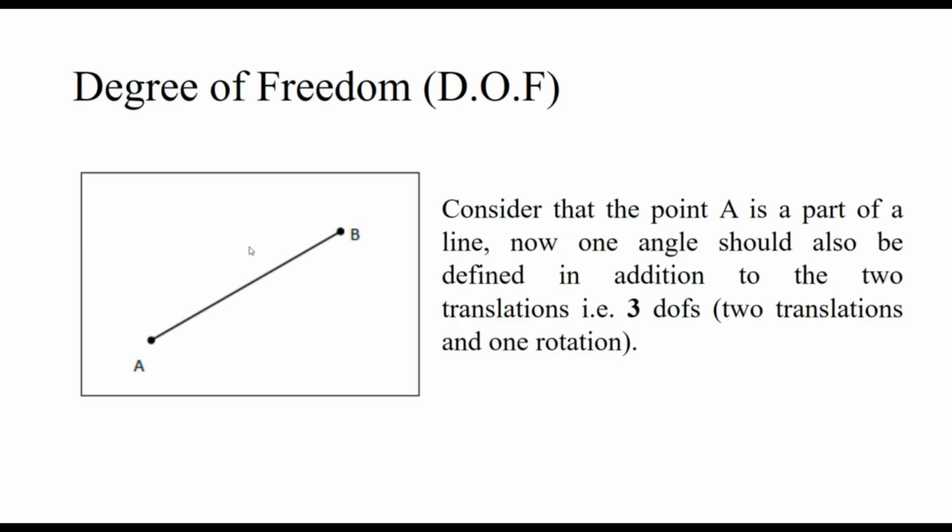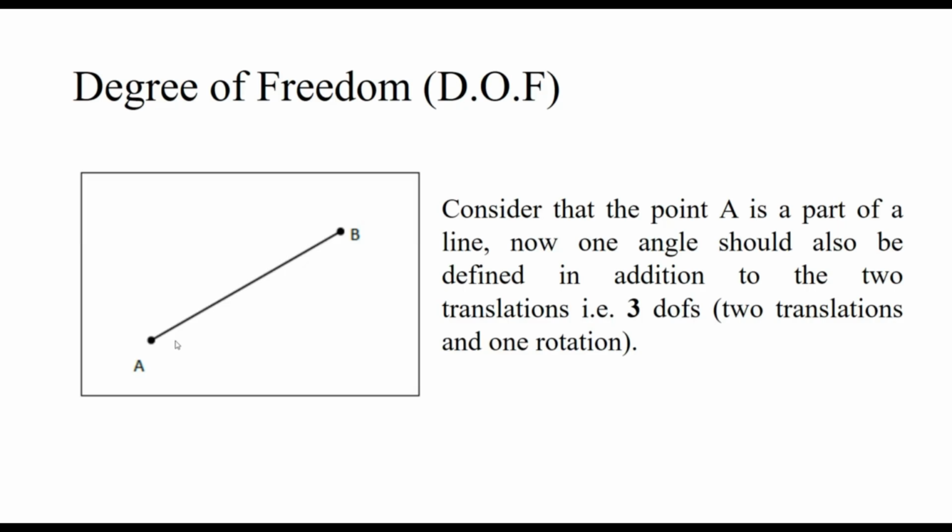Then coming to the same 2D plane, instead of a point we are going to take a line, and now we are going to define the position of this particular A. Now I need to define the distance between this point and this line, and likewise the distance between these two entities, and then in order to completely define that position I also need to define an angle.